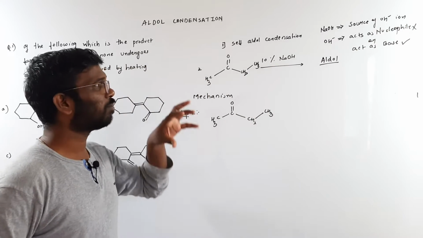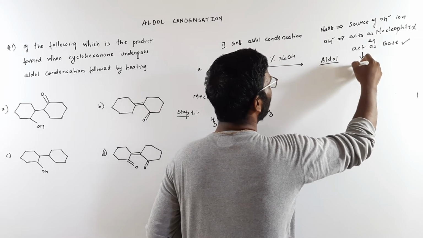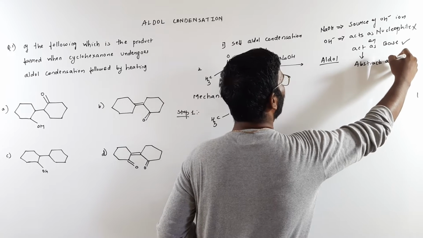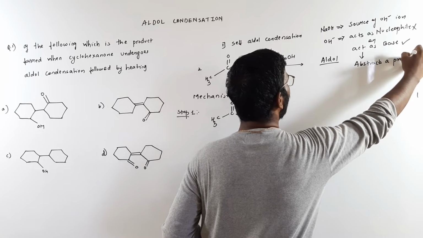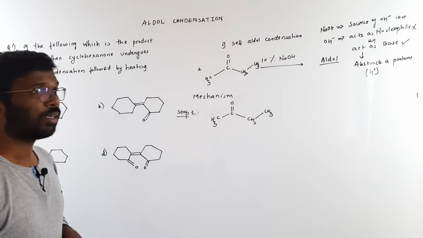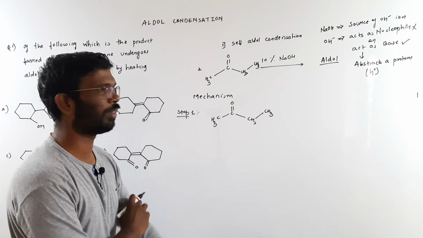Now what is the role of a base? The role of a base is that it abstracts a proton. What is the meaning of proton? Proton is H plus. It abstracts the acidic proton.